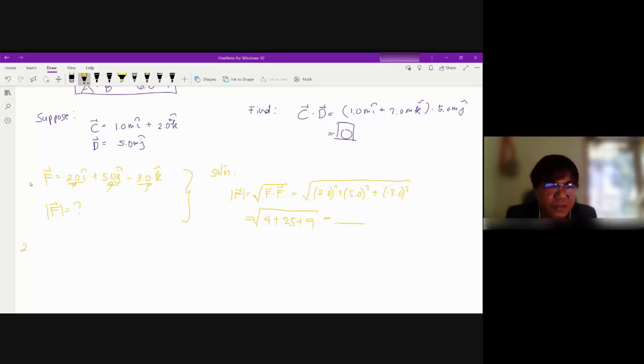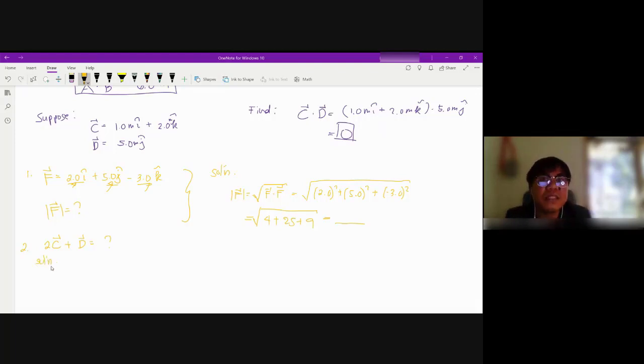Number 2, so suppose na kay vector nga 2 gihatag ni Sir Roel at apod 2 times C and then plus D. Pili answer na.